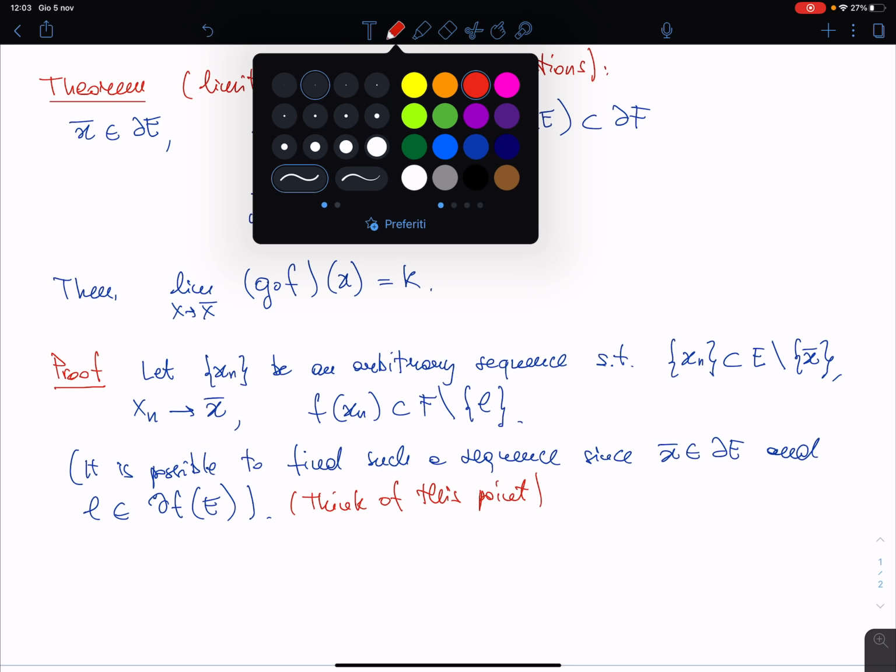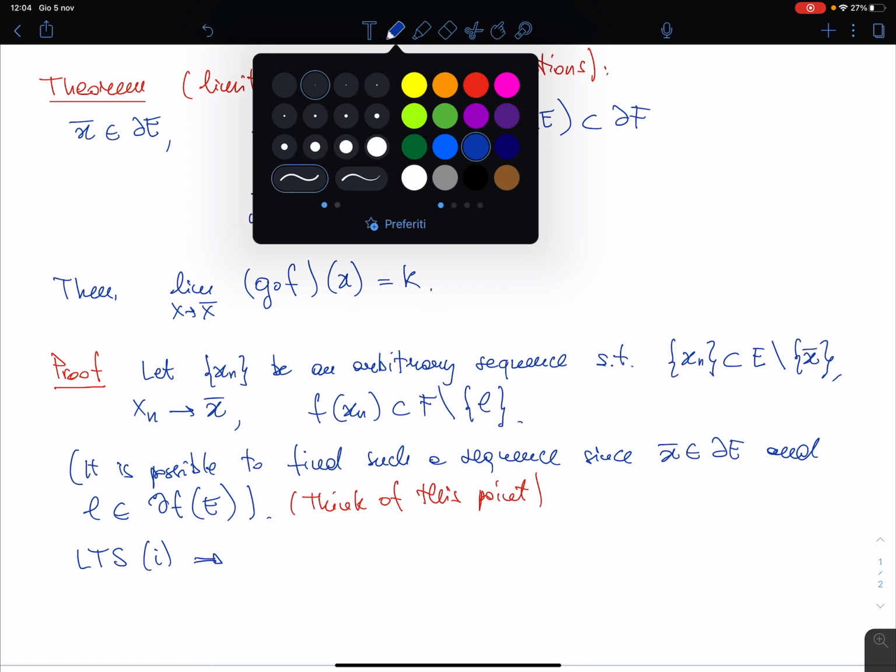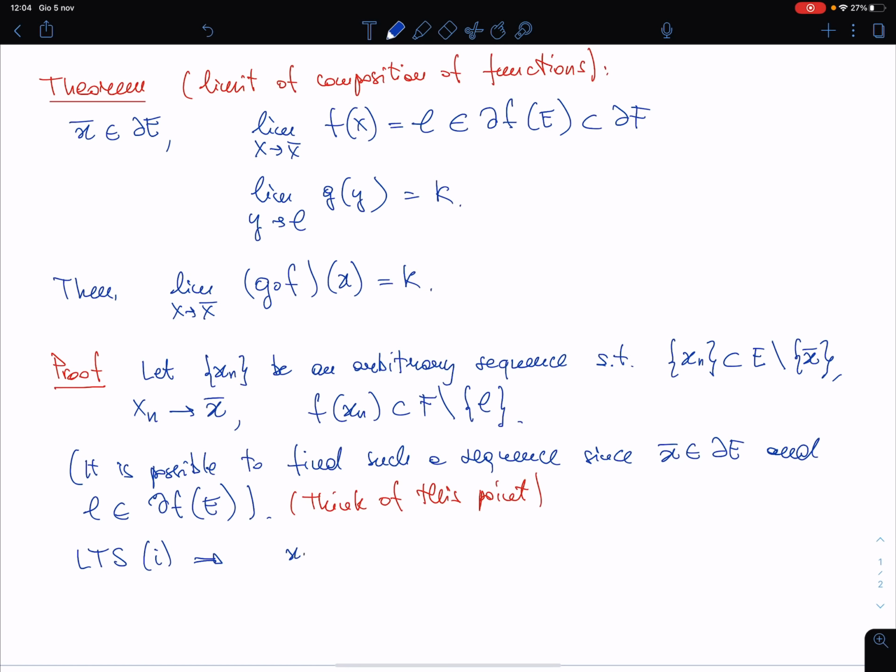And so here we use the theorem of limit through sequences again. And the first part, the easy part, okay? Since the limit of the function exists, the limit of the sequence of the images of the elements of the original sequence exists. So we have that if we take xn and we apply f, we obtain a sequence yn that tends to L. Okay?